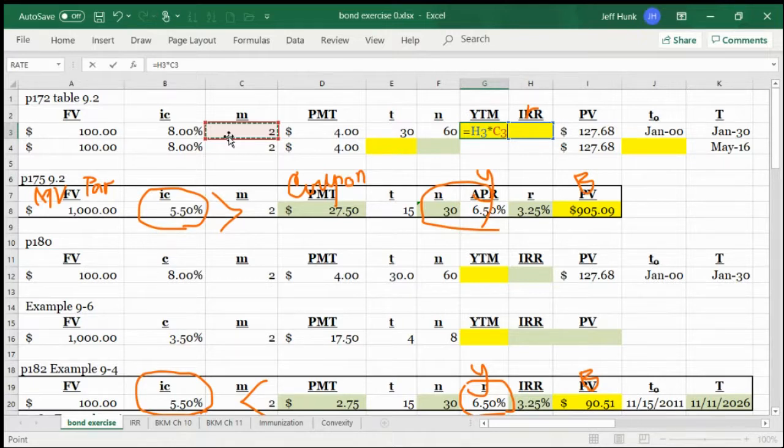You understand? Okay. So what if m was 4? If you manually put 2 there, it cannot automatically adapt to the new conditions. That's why you don't enter numbers manually. The only numbers you enter manually are the initial conditions, the initial input data.